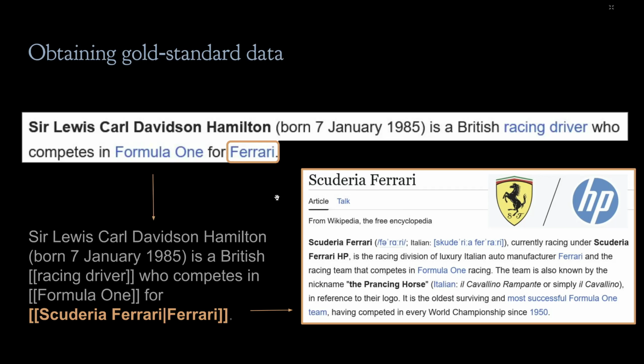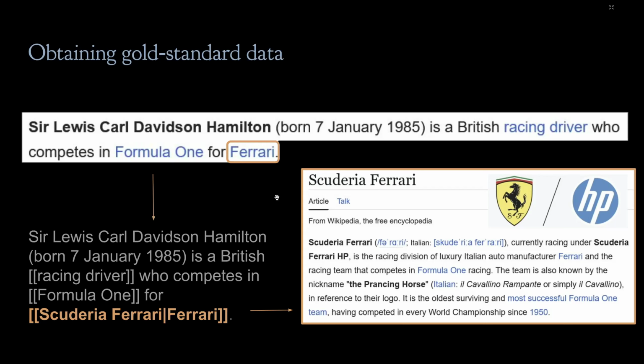and we can just get this for free from Wikipedia. What we see here in the top, in white, is a sentence from the article about Lewis Hamilton, where it just says that this is a British racing driver who competes, and this year he competes for Ferrari. The word Ferrari is highlighted, as you can see, and it links through to another Wikipedia article, Scuderia Ferrari.